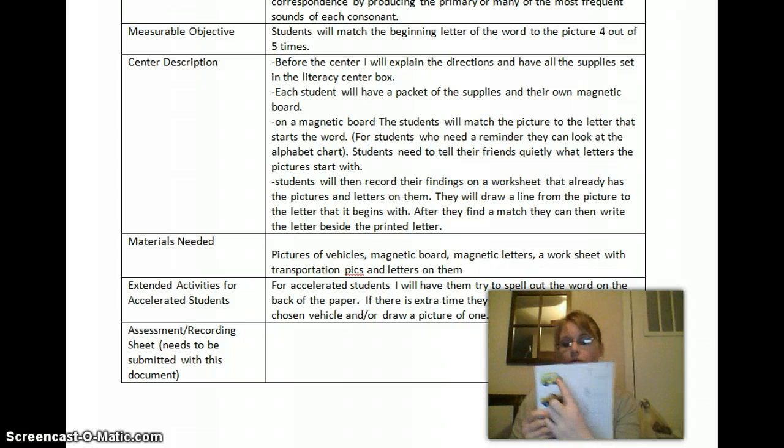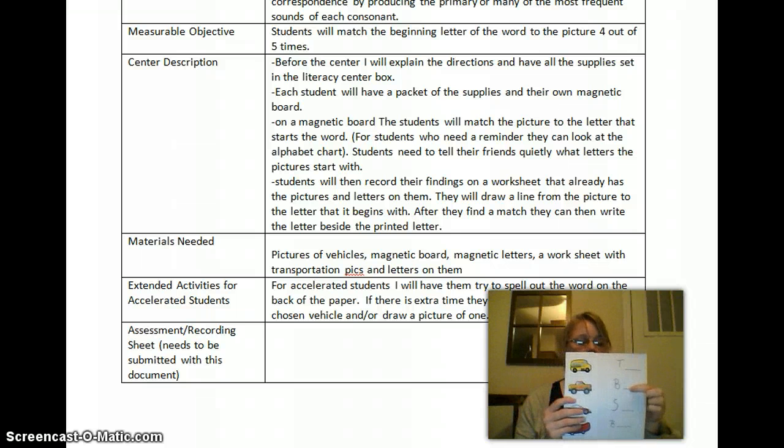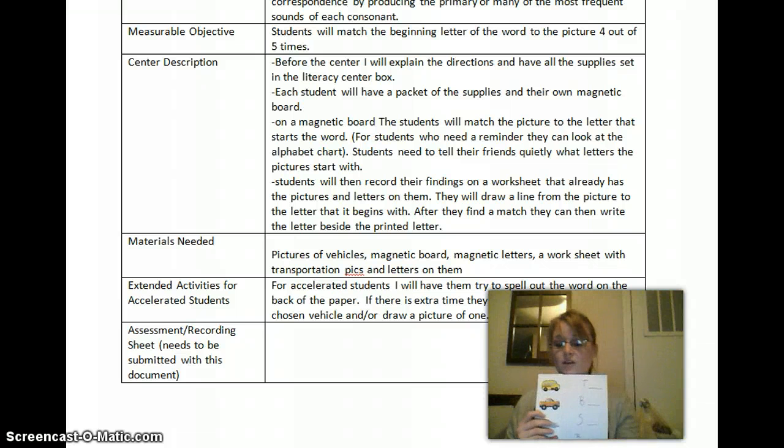You can look at your magnet board, and the bus begins with the letter B. So you'll draw a line from the bus to the B, and then we will work on writing the B, the letter, over on this side. That's provided right there. Now you'll do that for all of your vehicles.